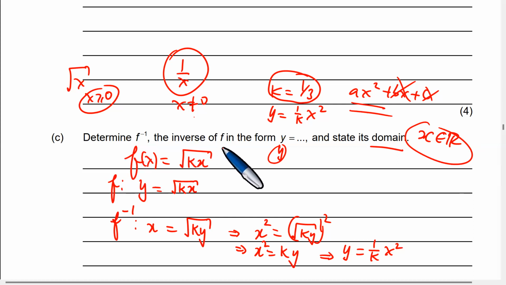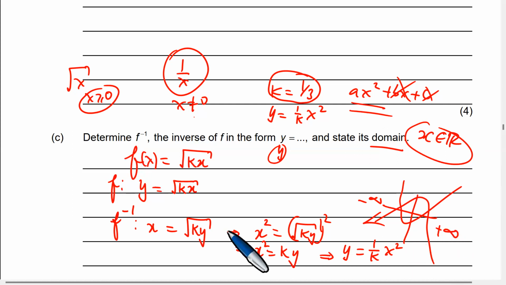So what is the domain? I did not even have to note k. It's a quadratic function. Its domain is all real numbers. The parabola, there's no way the parabola can be undefined. It's always defined, because the graph maybe is like this or like that. It goes all the way to minus infinity and all the way to plus infinity.